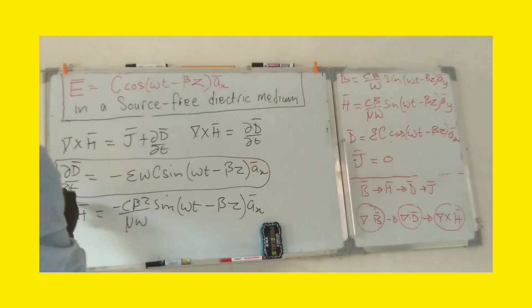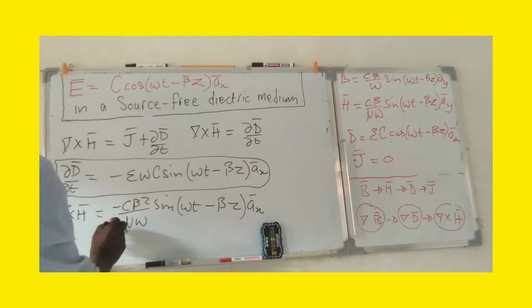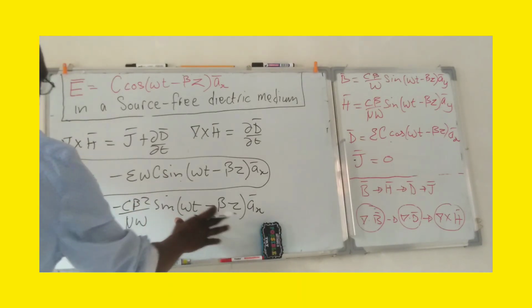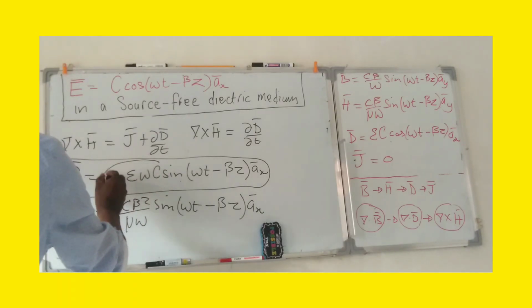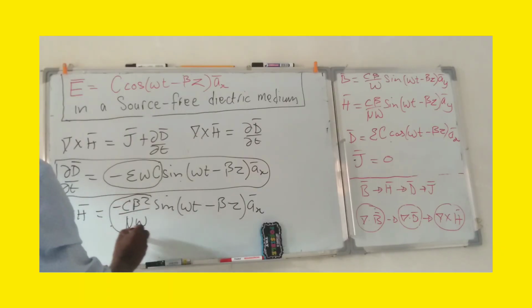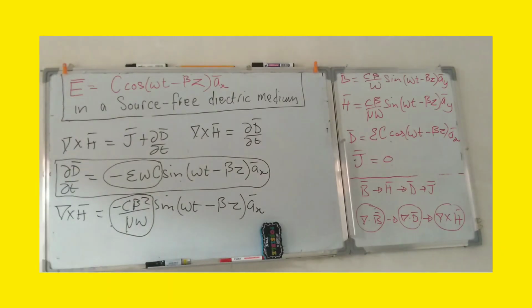Now, if this is going to be equal to that, remember this part is the same. So that means the coefficient of this term, which is that one there, must be equal to the coefficient of this term here on the other side.